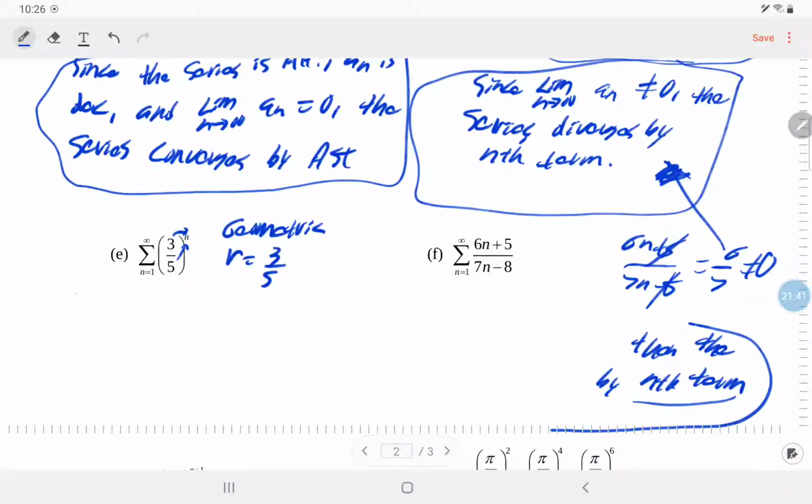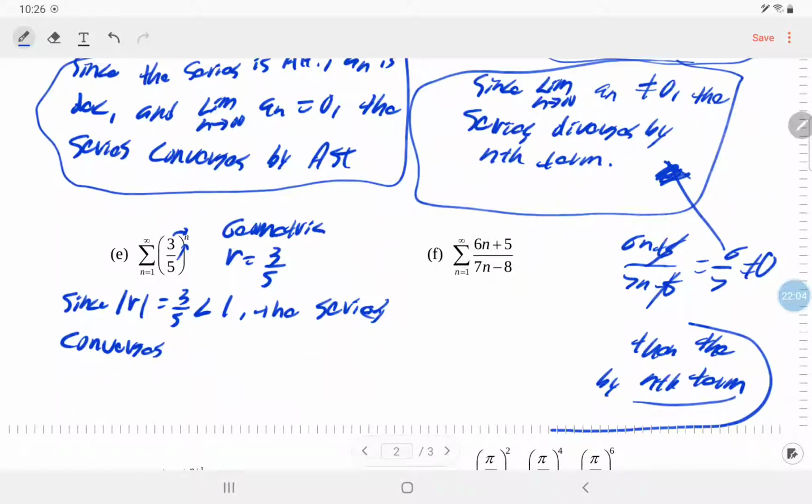So I would say that since the absolute value of the ratio, which ends up being 3/5, is less than 1, and that's really an ugly way to write less than 1, the series converges.